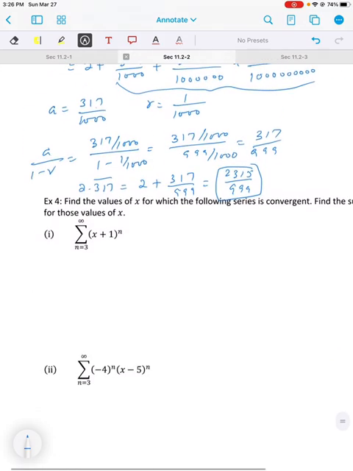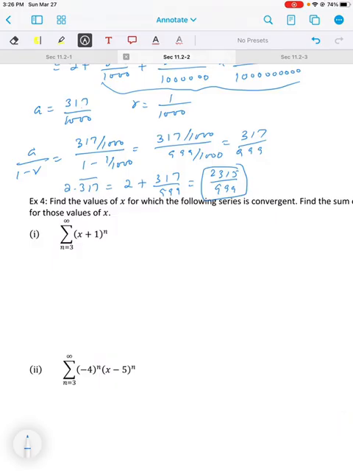The next example is, we have to see that these are geometric series, and find the values of x for which they are convergent, and once we find the value, we should be able to figure out what r is and what a is, and then write the sum of the series.